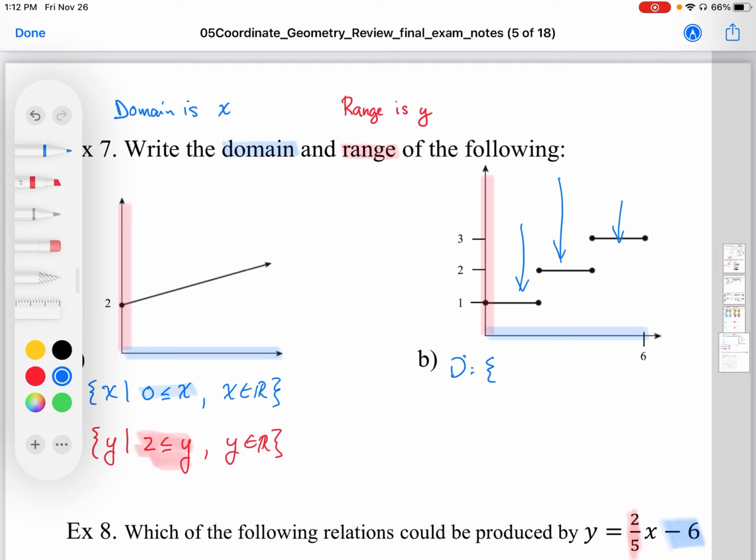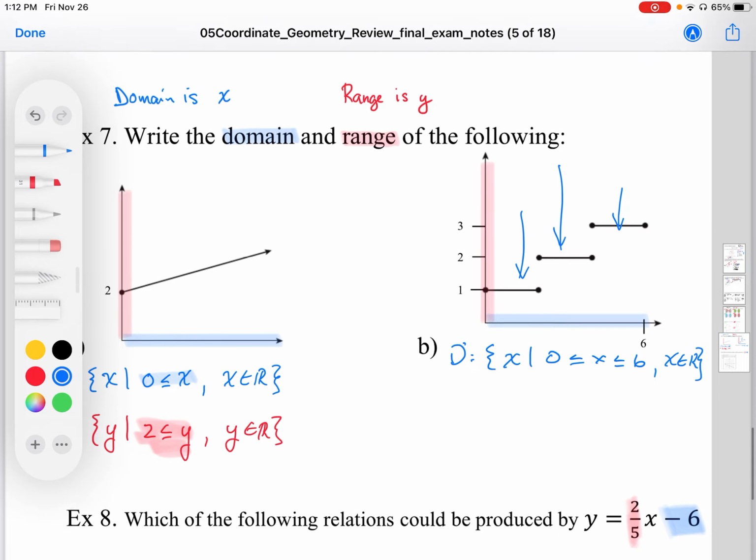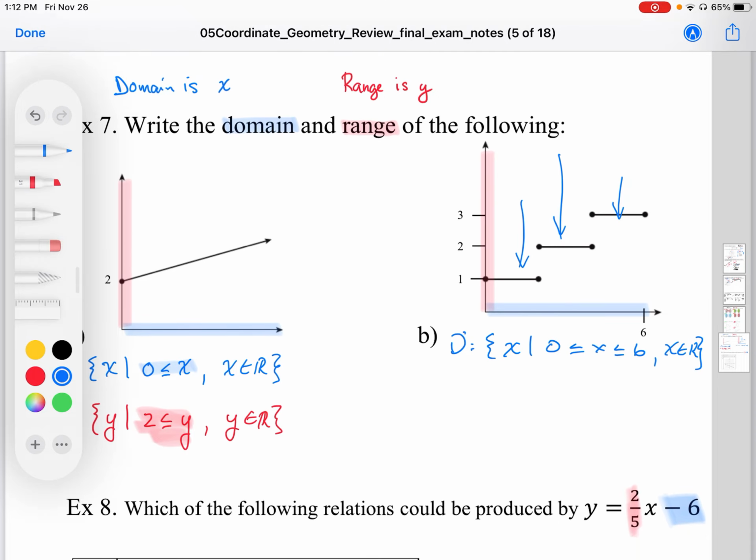It's going to be to do with x's, and x is going to be all real numbers starting from 0 and ending at 6. There's no gaps in my domain, so I'm going to state that this is all real numbers. Okay, so that's the domain of this function.